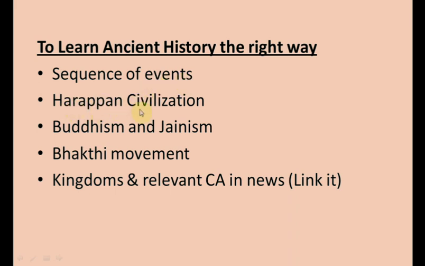And there will be a question from Harappan civilization. There will be one or two questions from Buddhism and Jainism. Bhakti movement can also be considered here, and kingdoms and relevant current affairs in the news, like Ashoka this year. So kingdoms, the Mauryas, Mahajanapadas, and everything up to your Gupta age comes under this one.